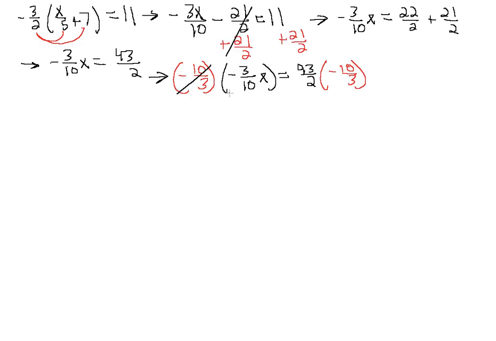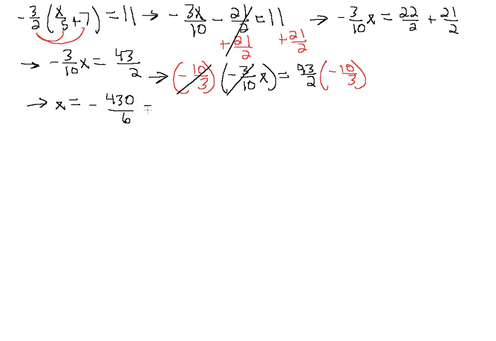This cancels with this, both fraction and signs, which leaves us with a positive x equals, multiplying a negative fraction and a positive fraction will give us a negative answer. 43 times 10 is 430, and 2 times 3 gives us a 6.